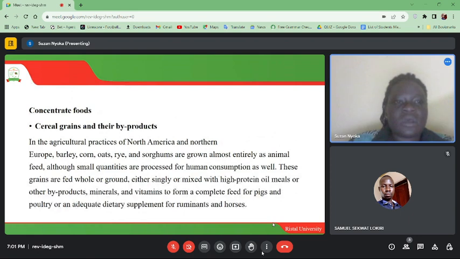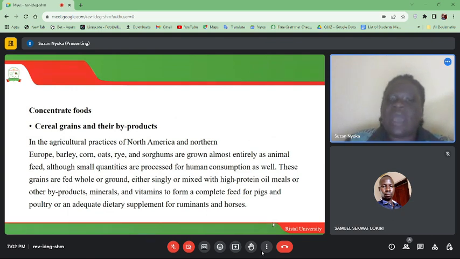Concentrate foods. Examples of these concentrate foods, we have cereal grains and their byproducts. In the agricultural practices of North America and Northern Europe, barley, corn, oats, rye, and sorghums are grown almost entirely as animal feed, although small quantities are processed for human consumption as well.